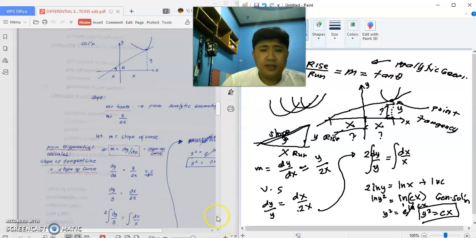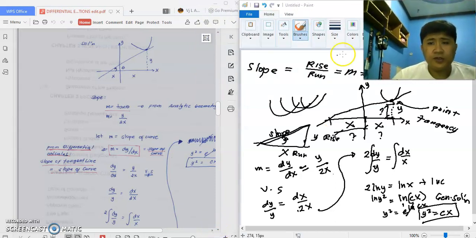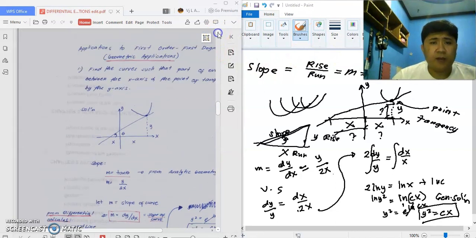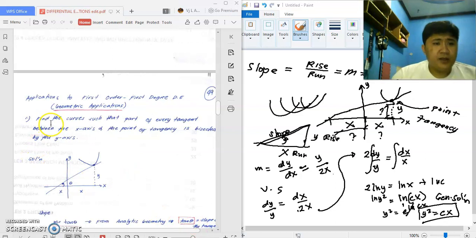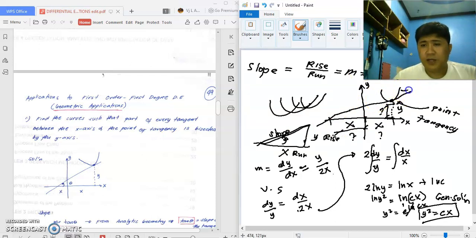So again, let me review. Why did we come up with this? Because the problem states to find the curve such that every tangent, so we just find the equation of this curve. So therefore, this curve is equivalent to y squared equals cx.